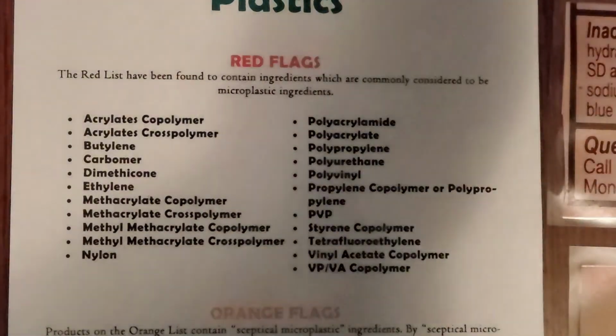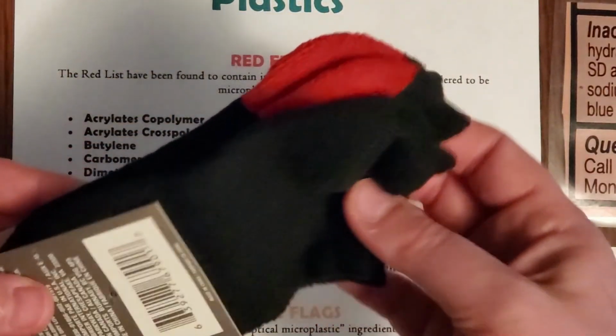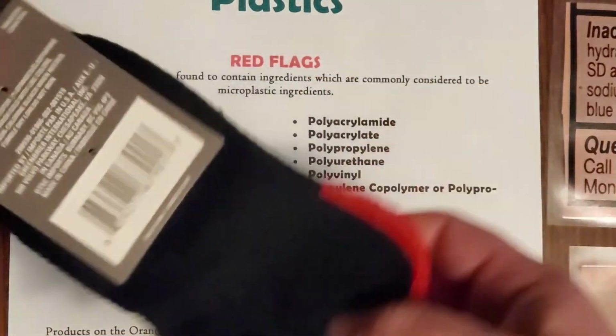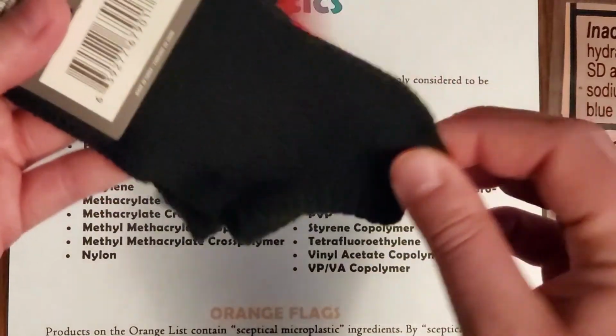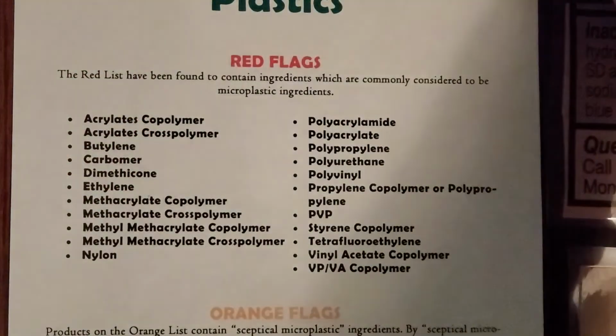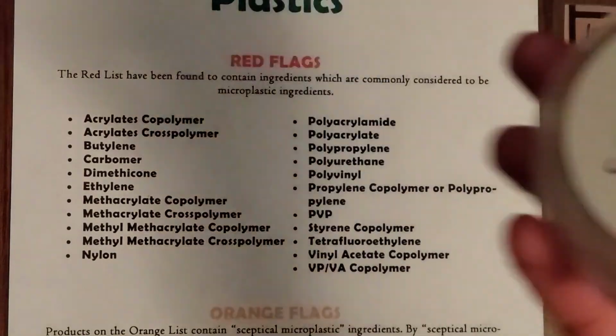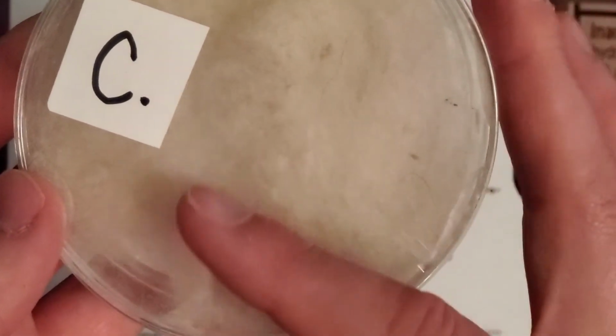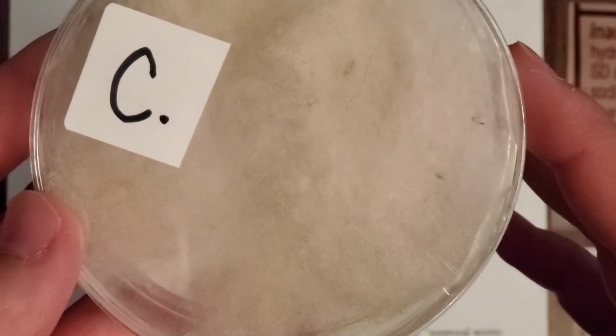For example, these socks right here are actually almost all polyester, which means that they are mostly microplastics or microfibers. You can also purchase things that are made out of natural fibers, such as wool. So if you can see that, that is actually a natural fiber. So that breaks down over time versus the synthetic fiber.